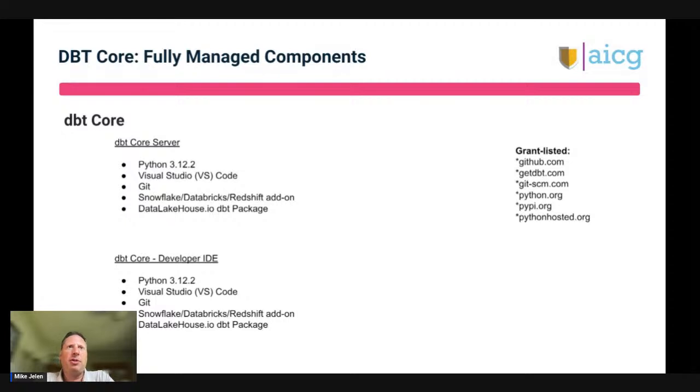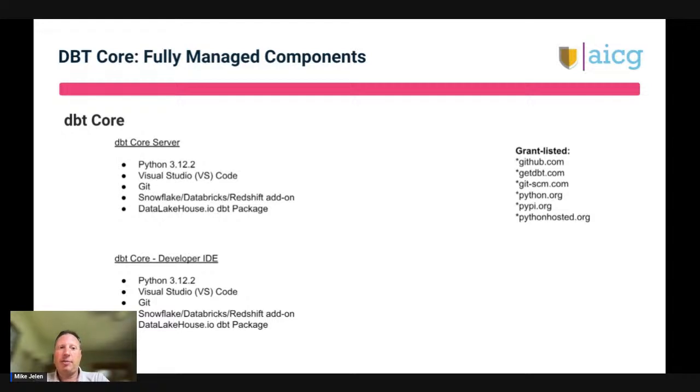And then there's a couple of light applications as part of that installation, leveraging the Data Lakehouse dbt package. We'll talk a bit about what you get within that in a little bit here. But really, the Data Lakehouse dbt package is what gives you dbt Core and all its necessary components and capabilities in order to have multiple dbt projects, to be able to run multiple dbt jobs.